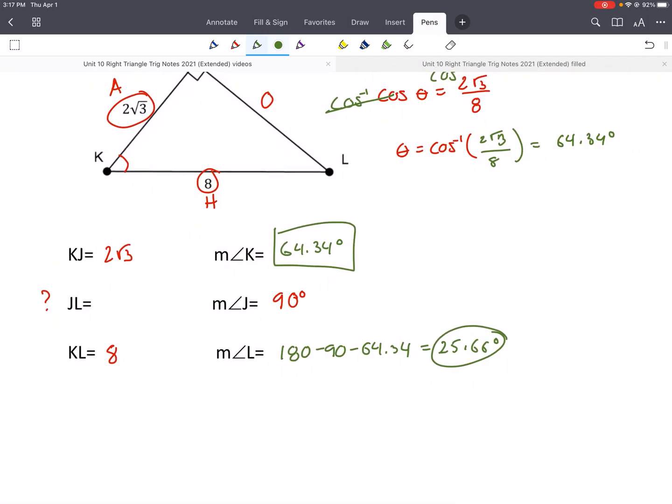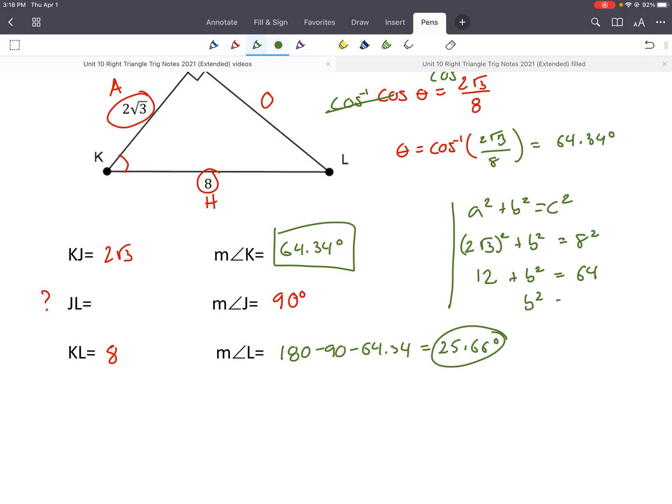If we use the Pythagorean theorem, we would do a squared plus b squared equals c squared, where c has to be your hypotenuse. So we could do 2 square roots of 3 squared plus b squared is equal to 8 squared. We just need to evaluate 2 square roots of 3 squared. That would give us 12 plus b squared is equal to 64.